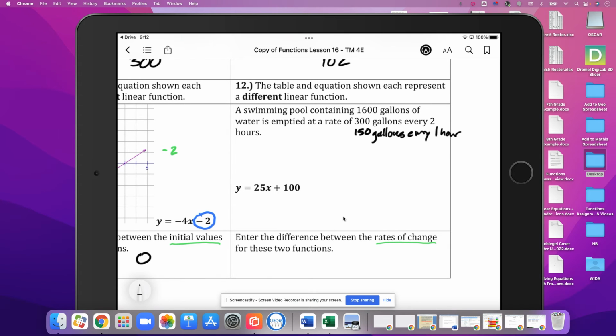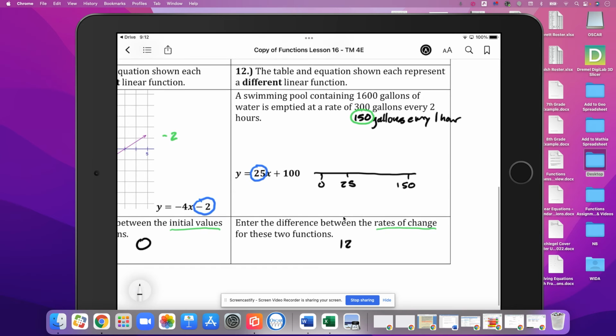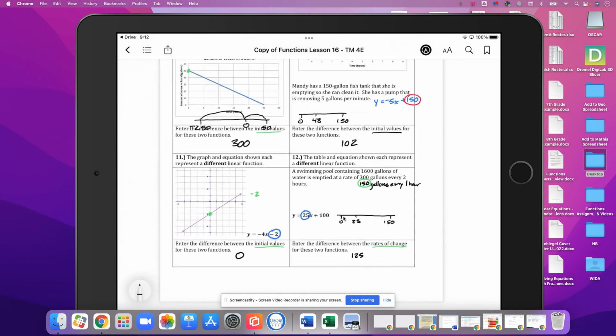That's how we get our rate of change. And so our rate of change for that one is 150. And our rate of change for the blue one is going to be 25. So again, 150 and 25 are on the same side of 0, and 150 minus 25 is 125. Okay.